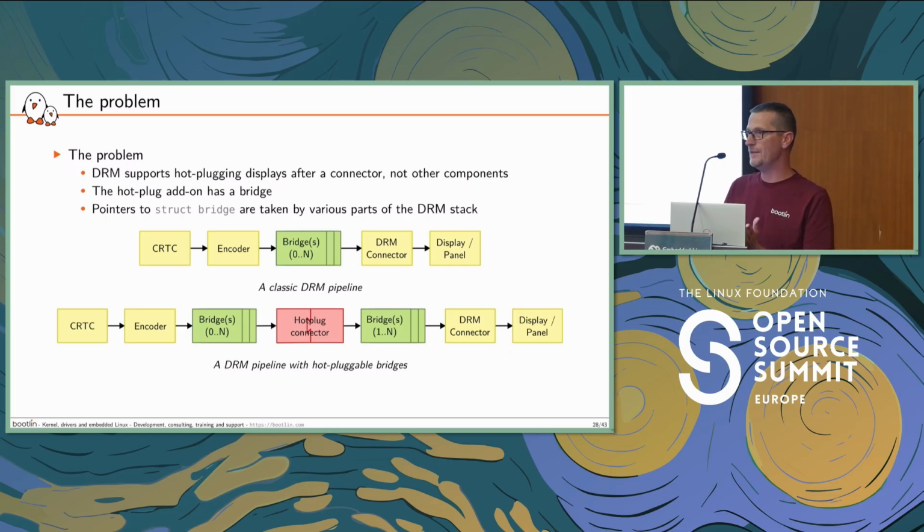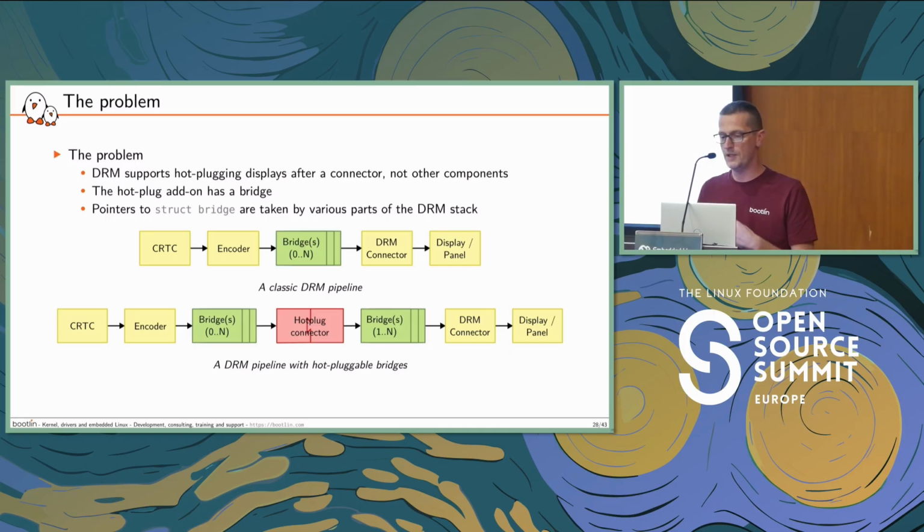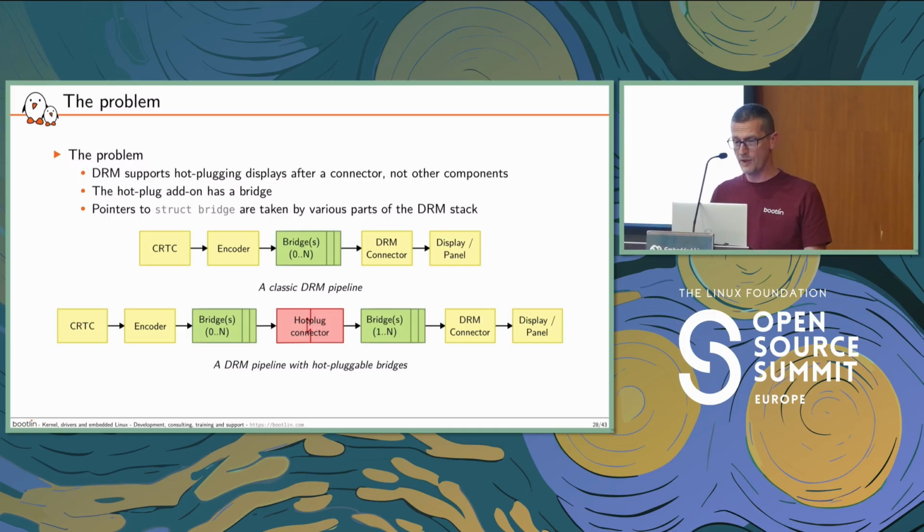And at the moment, in DRM, the only part that is hot-pluggable is the display. It is a problem for our use case, because we actually have one video bridge after the hot-plug connector. So it's in the add-on.